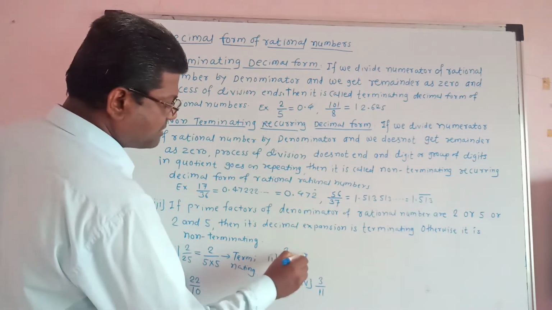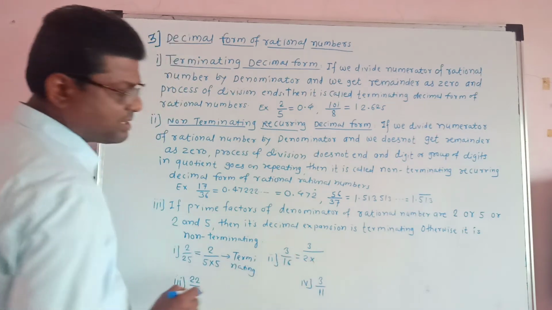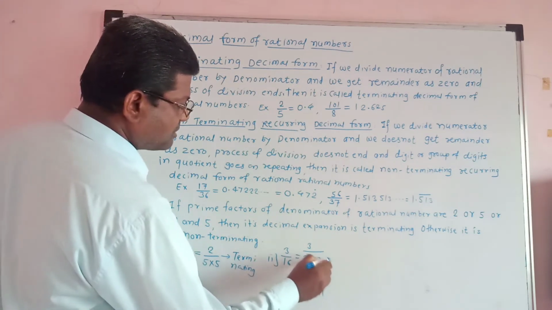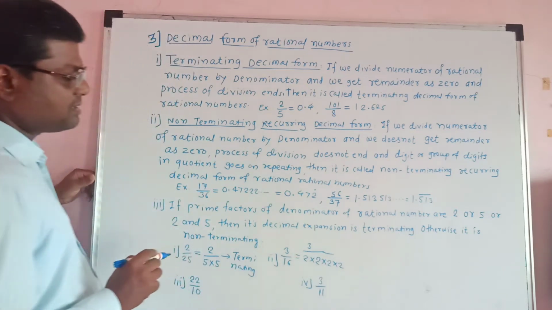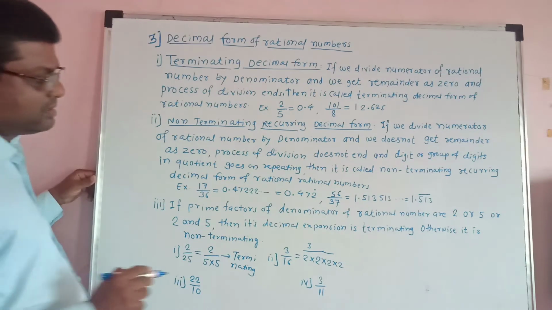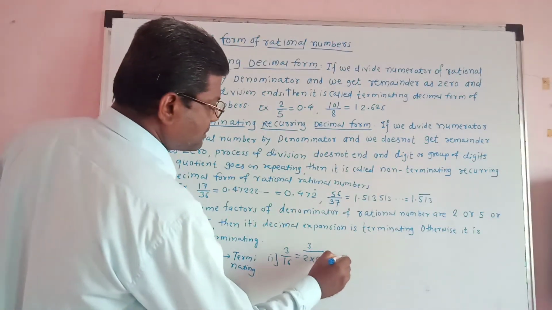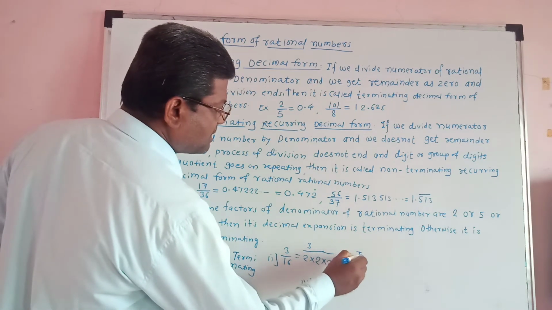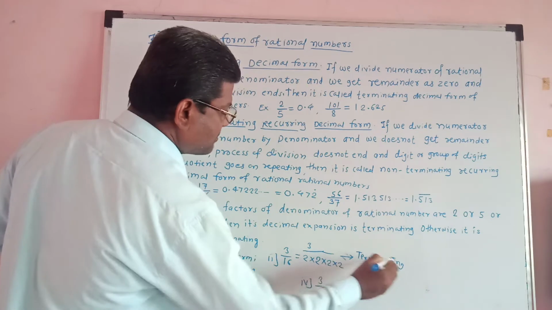Now 3 upon 16. 16 can be written as 2 into 2, 4 into 2, 8 into 2, 16. Therefore, here in the denominator, the factor is 2. Therefore, this is a terminating decimal form.